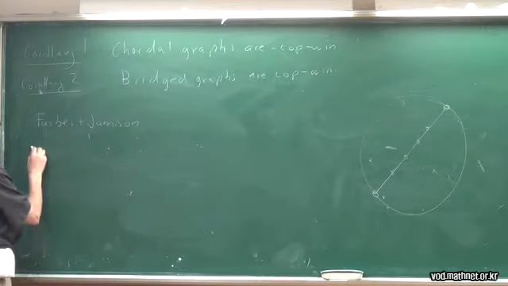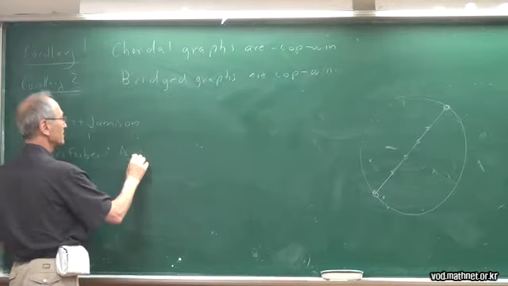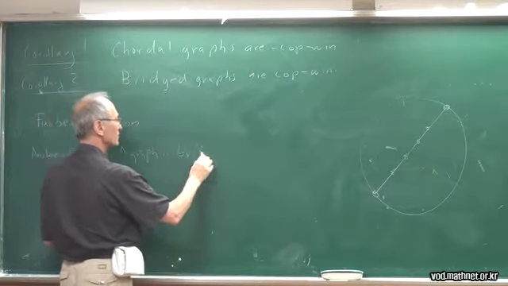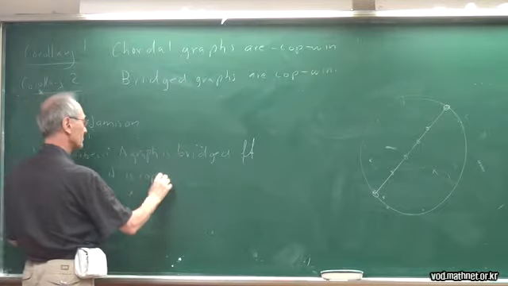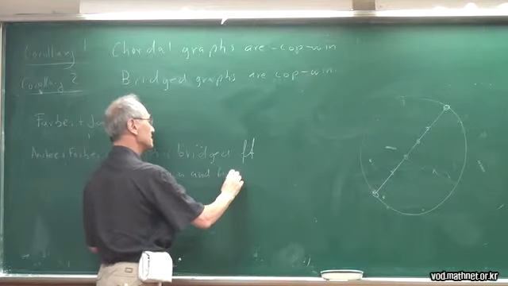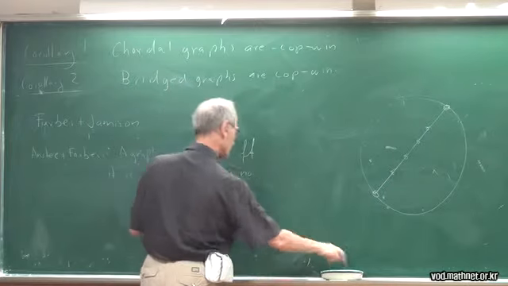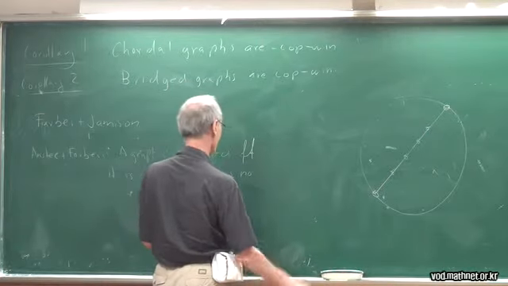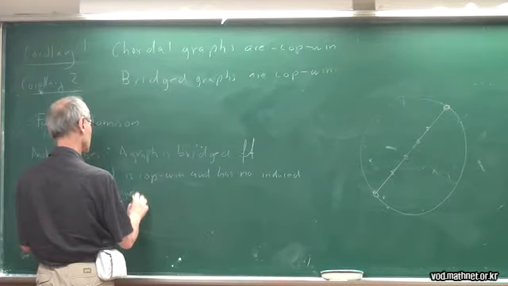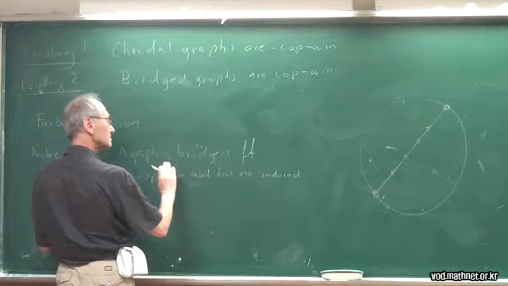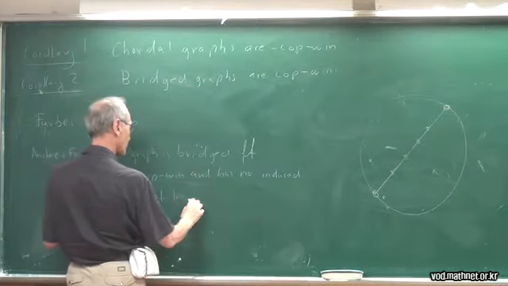In fact, there is a theorem by Anstee and Farber which says a graph is bridged, this is sort of on the side, if and only if it is cop-win and has no induced cycle of length 4 or 5.